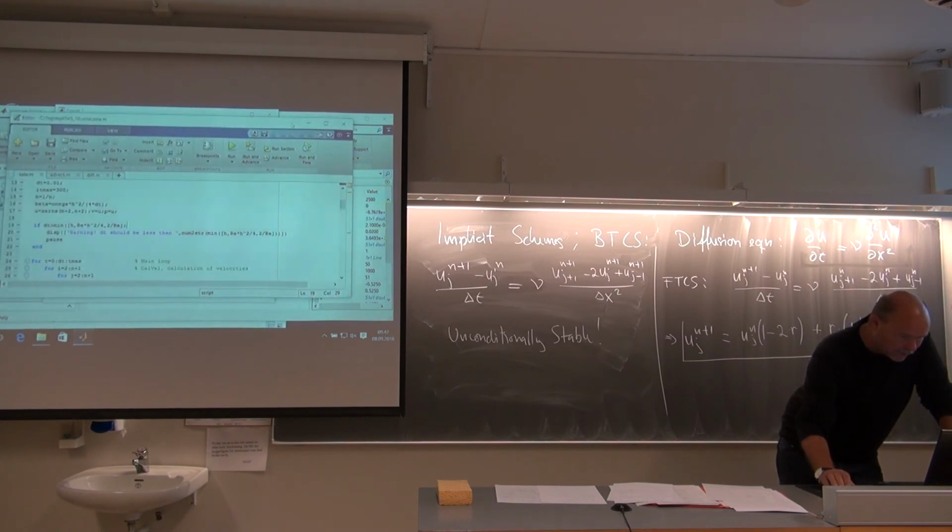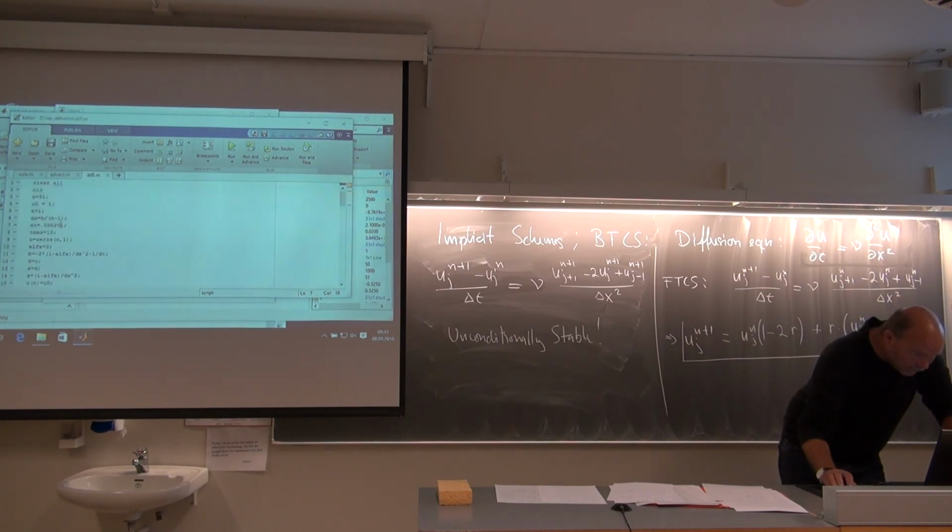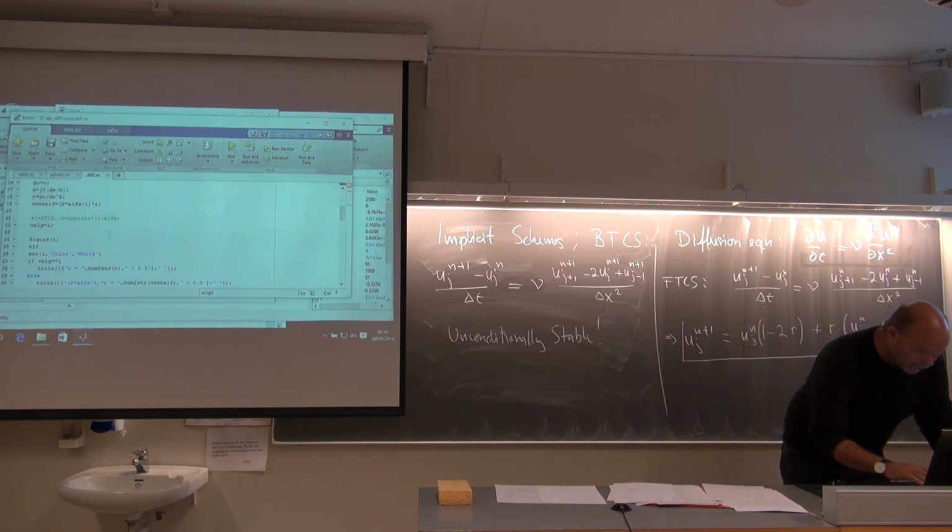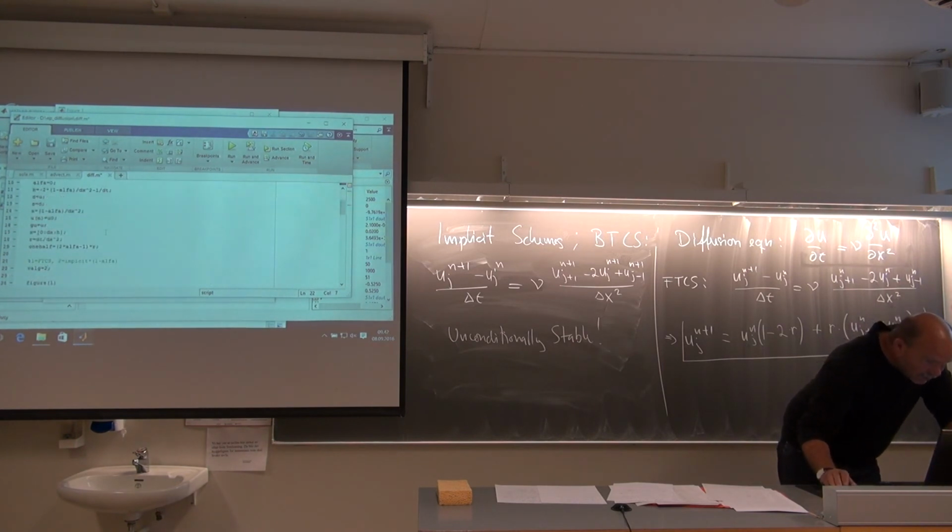But let's now check this one out here. I have a choice here somewhere. Diff. Then we had choice number 2. And my alpha is 0. So now it's fully implicit.